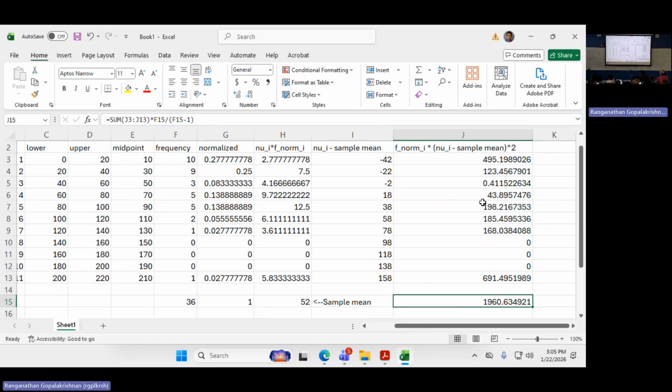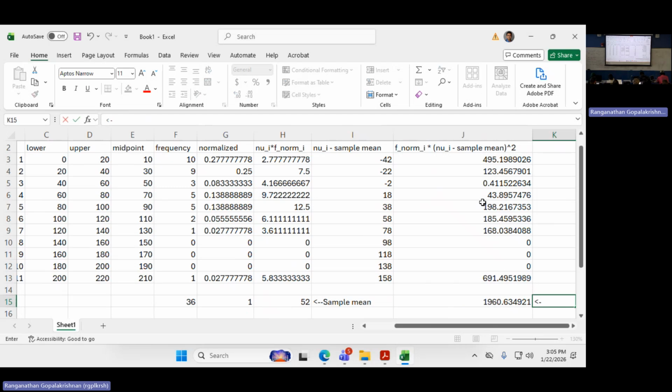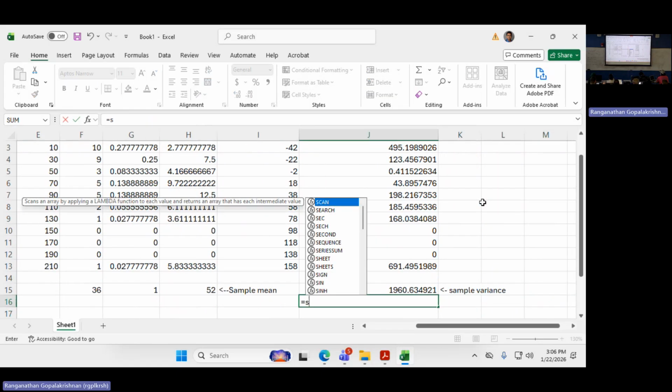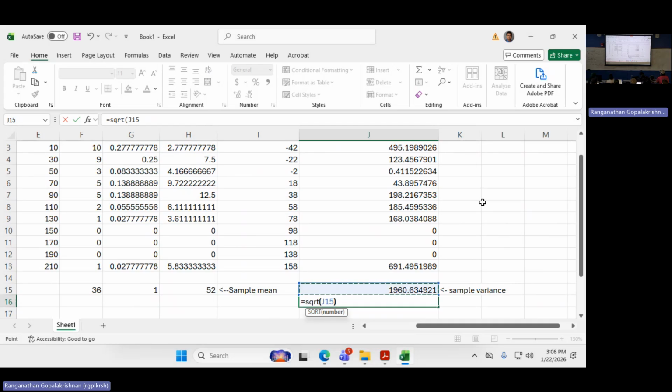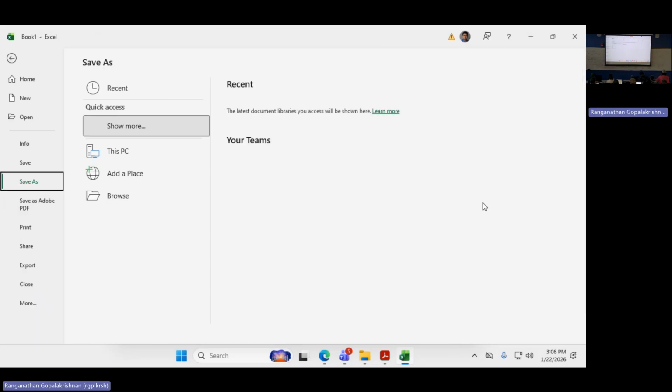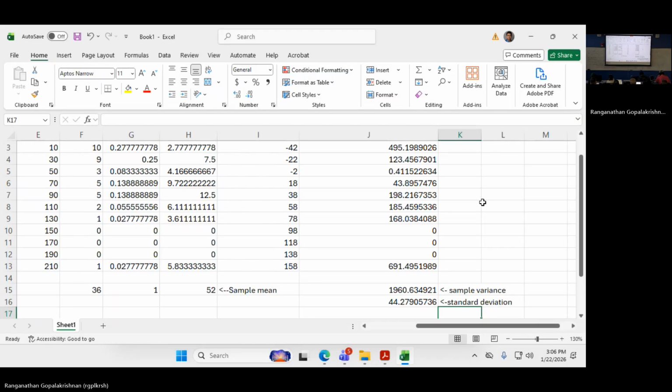So that is my variance. Standard deviation. Okay, let me write that here. This is my sample variance. If I want the standard deviation, I need to get the square root of this. Standard deviation would be 44.